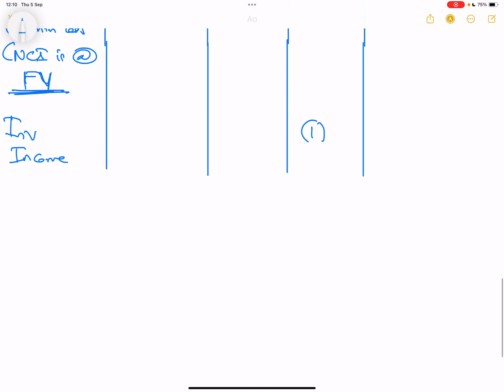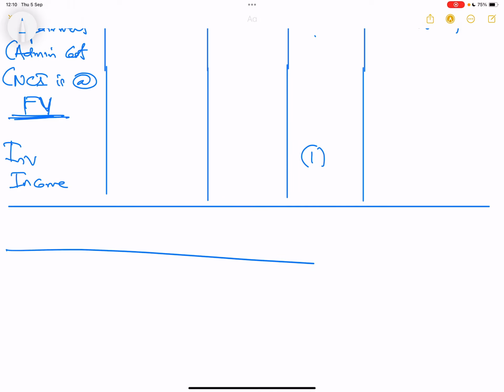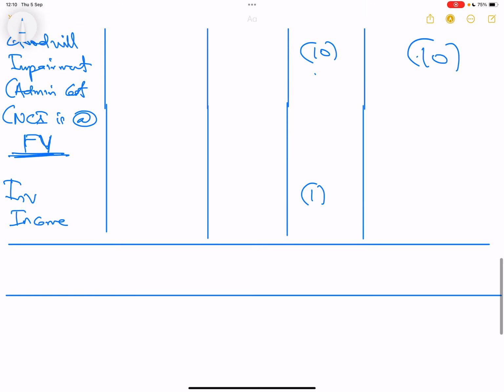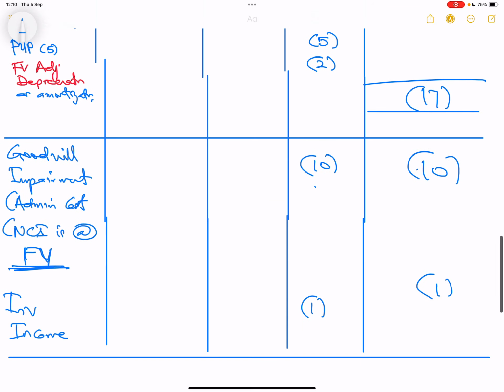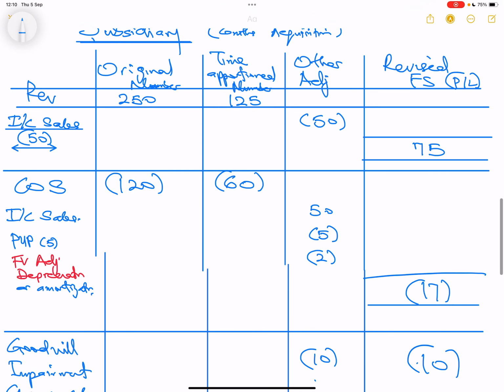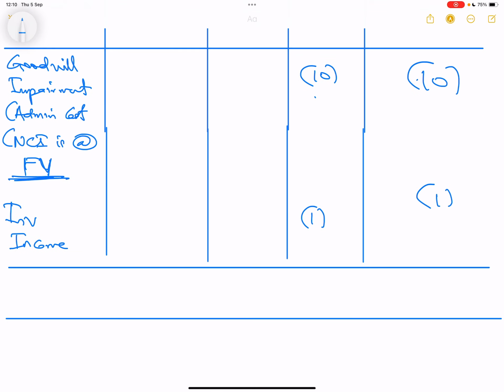What I'm going to do next is to solve a full question that will show you how all these adjustments are put in place, right? So for step 1, you'll be able to arrive at your adjusted profit, and you will see for this question I'm going to have 75 minus 17 minus 10 and minus 1.